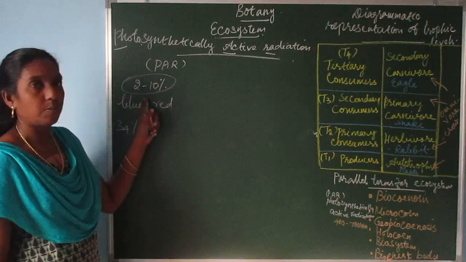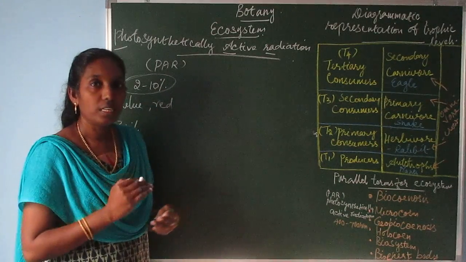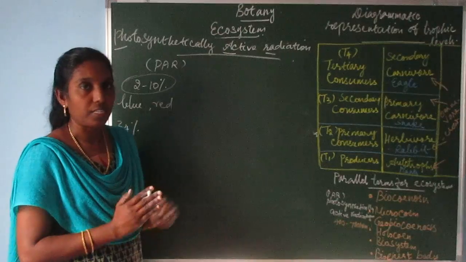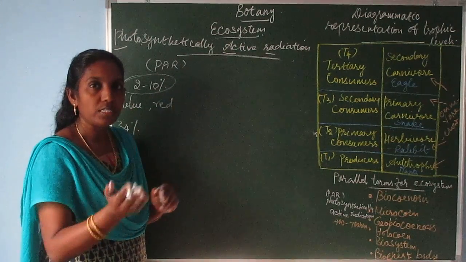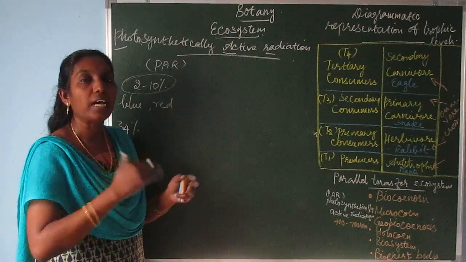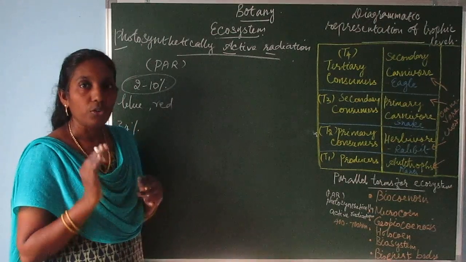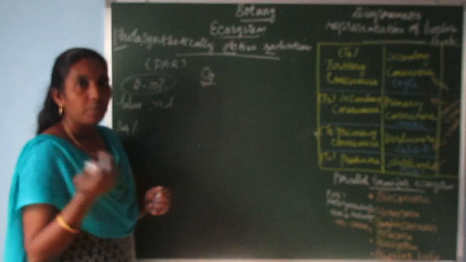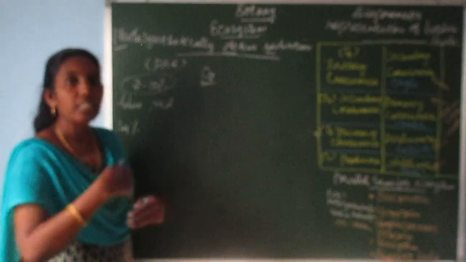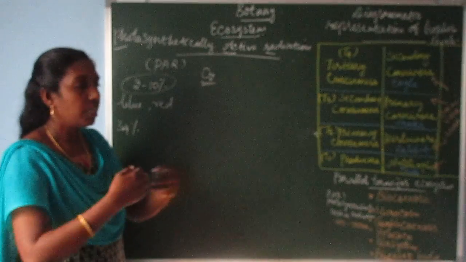One more question is important. For the photosynthetic process, light is the source of energy, and the chlorophyll pigment traps the sunlight and converts this light energy into chemical energy, and it releases oxygen. During photosynthesis, oxygen is released. Plants take carbon dioxide and release oxygen.